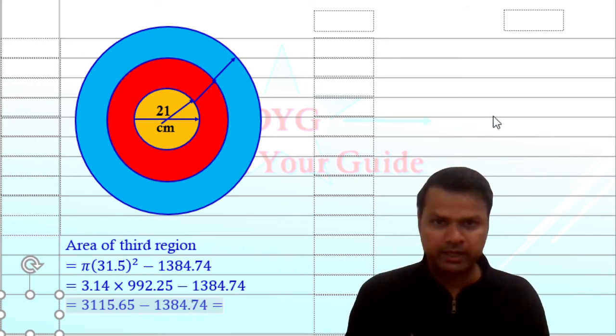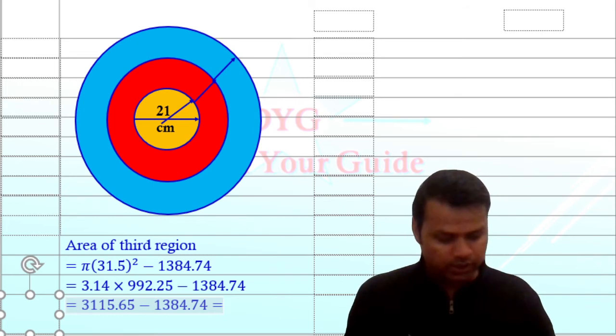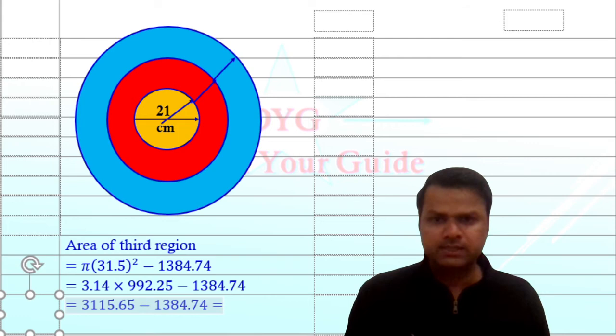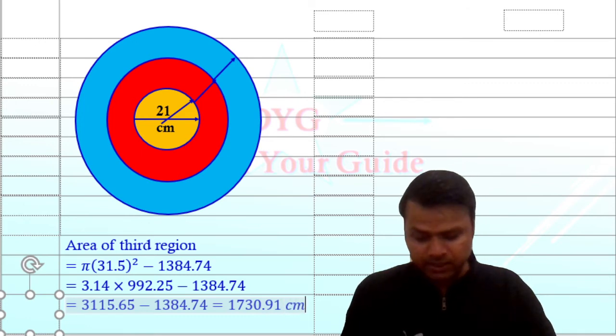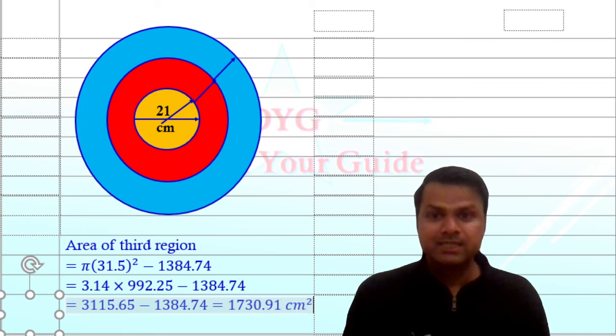Now let's just subtract it directly. So 3115.65 minus 1384.74. We get 1730.91. It's an area, so make sure you write the unit as centimeter square.